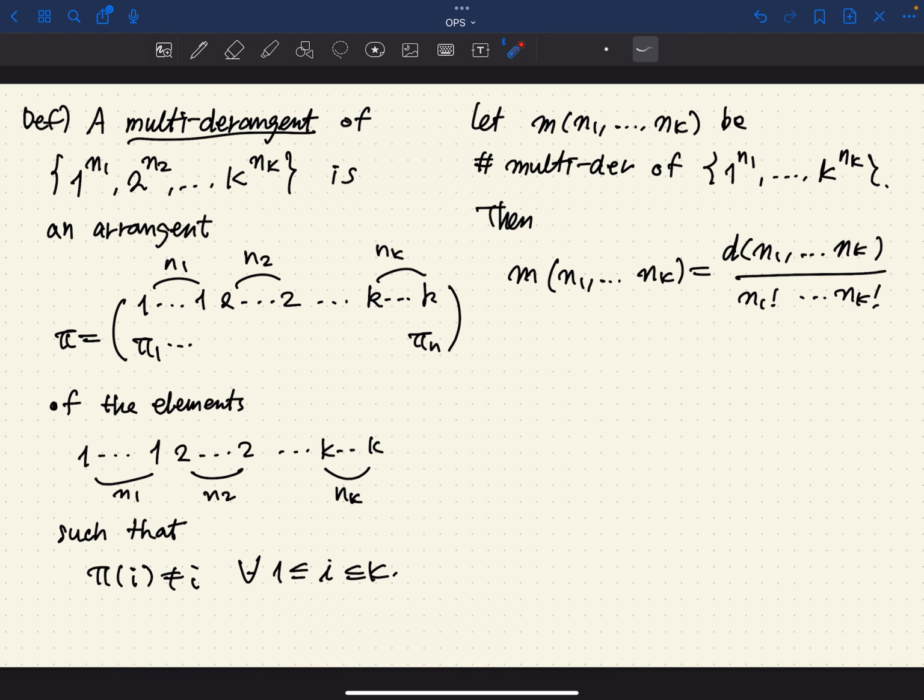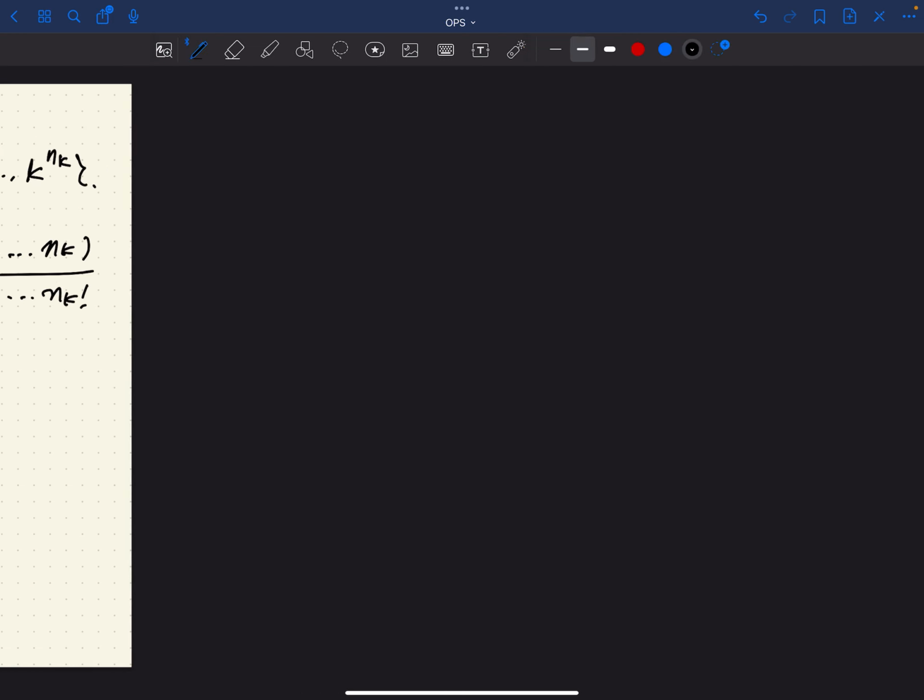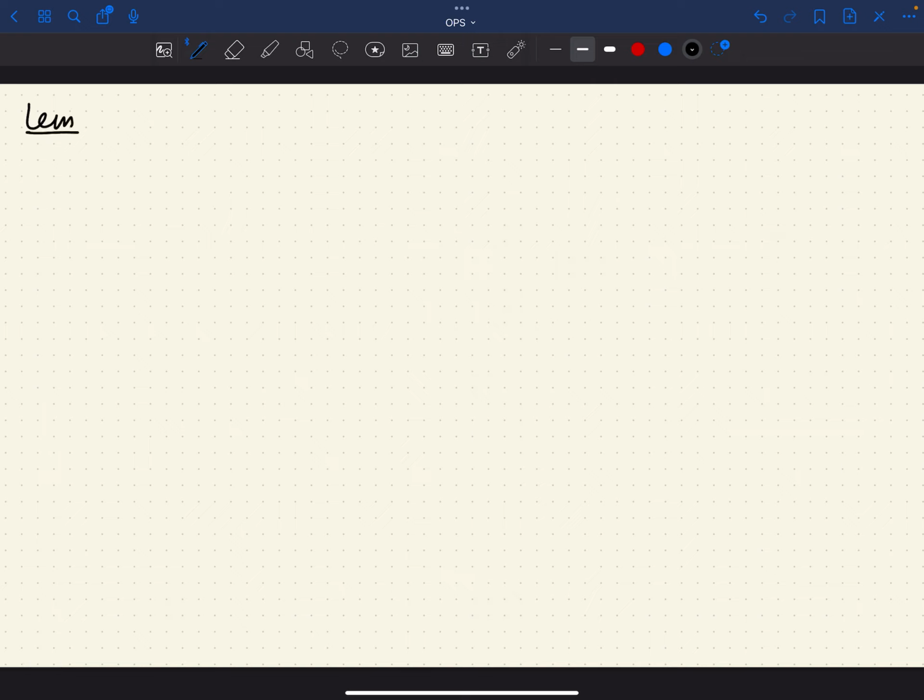And first, a lemma. This has a nice generating function formula using the coefficient-taking operator.